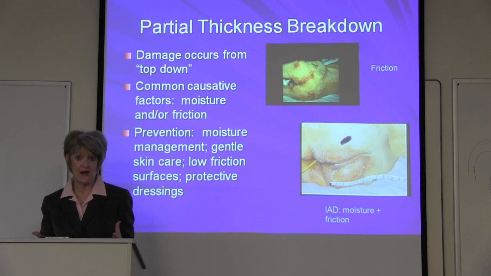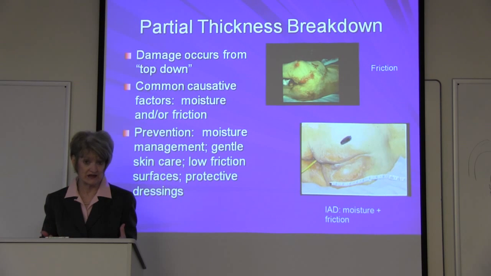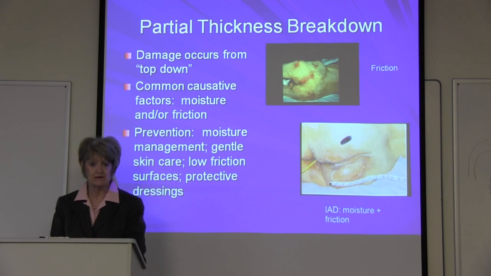What's the first thing that happens? Your skin becomes reddened and sensitive because you're getting damage. You're taking off the top layer of the skin cells. You're causing damage to the underlying cells. That triggers that inflammatory response and sensitivity.